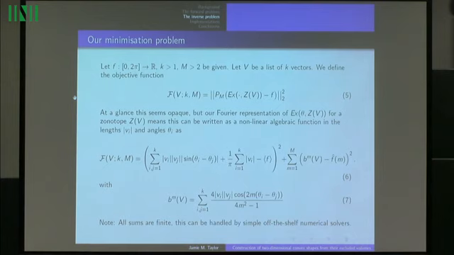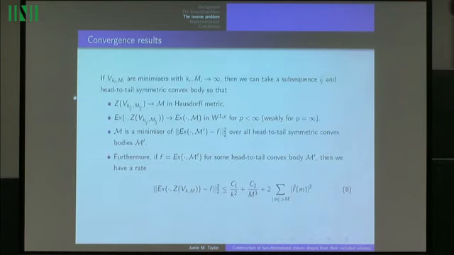But before throwing it into an off-the-shelf numerical solver and trying to get some answers, we should really check that we're going to get something meaningful at the end. So just to summarize the convergence results that you have on this. The first is that if you have a collection of minimizers, where k, the number of vectors that you're considering, goes to infinity, and m, the number of Fourier coefficients you're considering, goes to infinity, then you can always find some subsequence of your minimizers which will converge to some head-to-tail symmetric convex body in the Hausdorff metric.